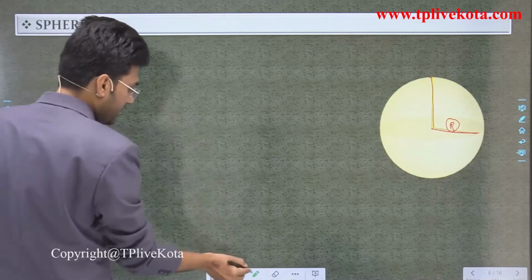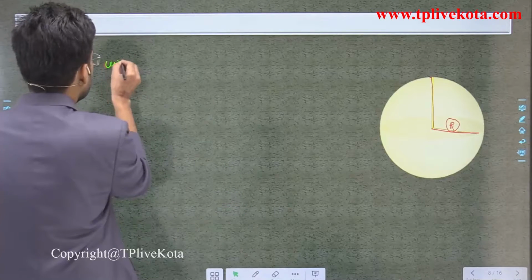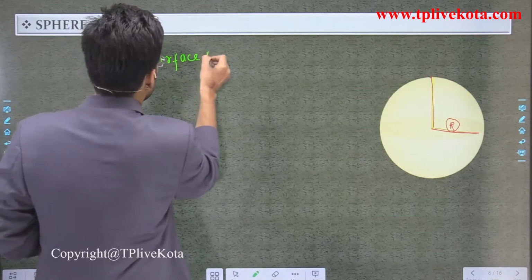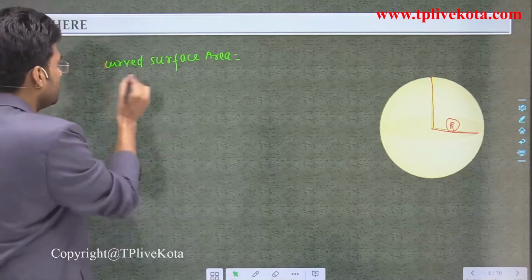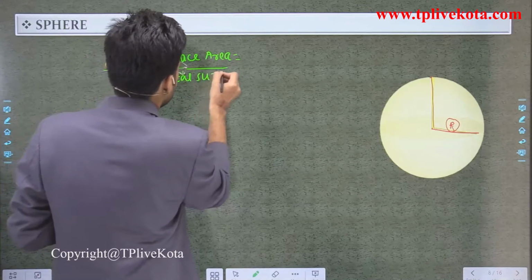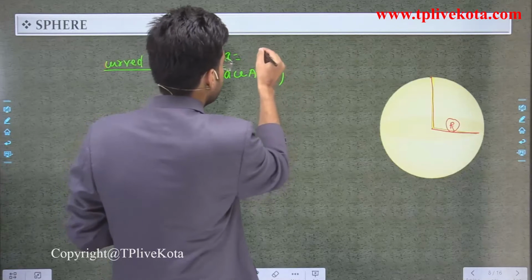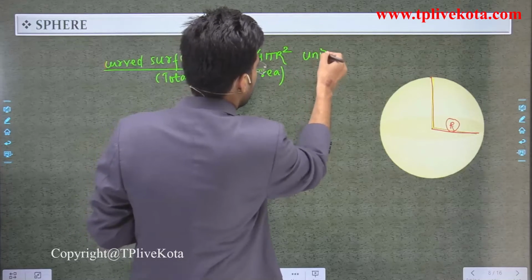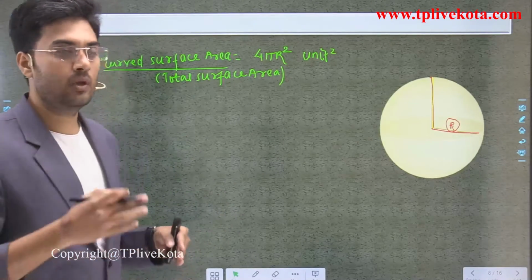So curved surface area, or this curved surface area is only total surface area of this sphere, and it is equals to 4 pi r square unit square. Okay, so this is the total surface area, or we can say that curved surface area of this sphere.